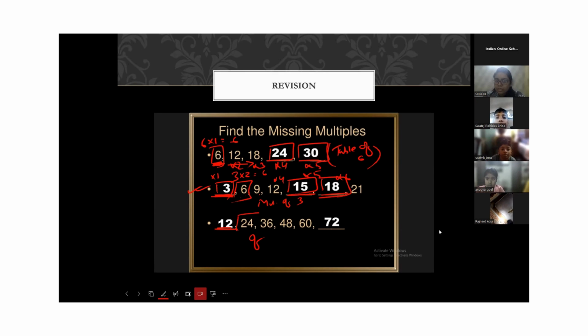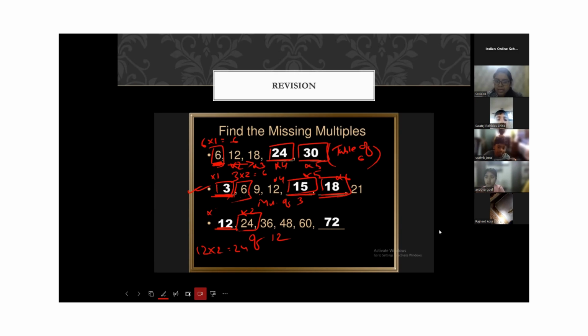No. 24 is in the second place. That means what into 2 gives you 24? 12. 12 into 2 gives you 24. So this is 2 times 24. That means this series is a multiple of 12. Okay, Satvik? Yes, ma'am. Okay, everyone.